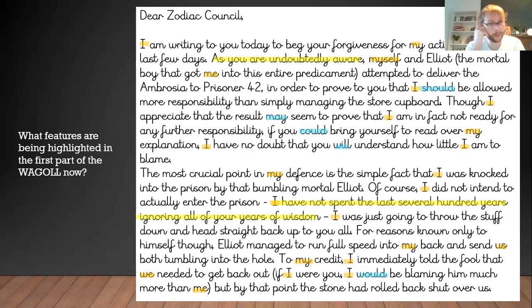Okay, so three different colours of highlighting there. I'd like you to pause the video and tell me what I have highlighted in yellow, what I have highlighted in blue, and then finally what I highlighted in orange, those lots of individual words. So what are those different things that I have highlighted? Speak to you again in a second.